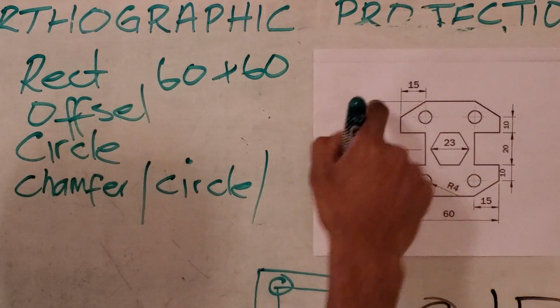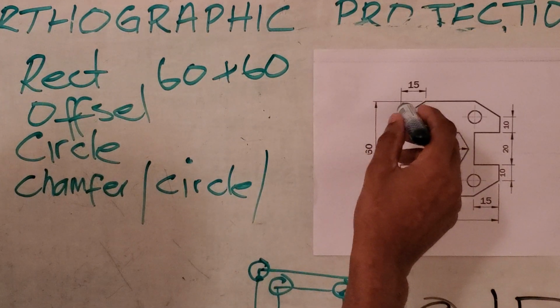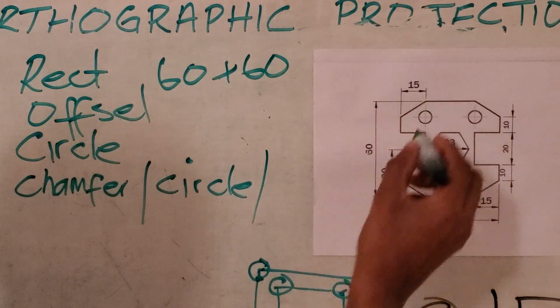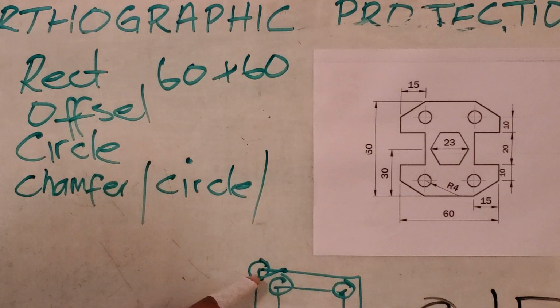I'll probably use circle 2P here to get the first point. Then use object snap tracking from there to get this point, then draw down. Or I could use the next circle to get the first one.